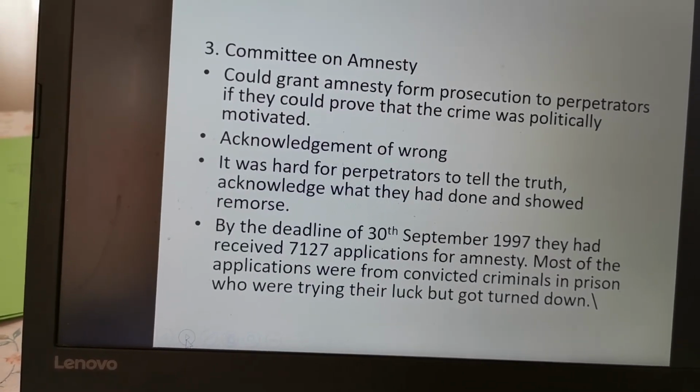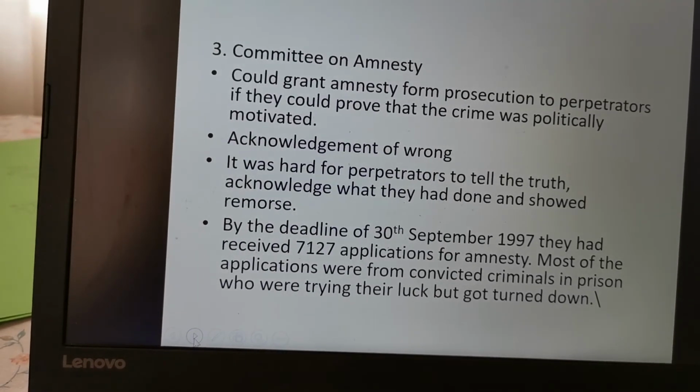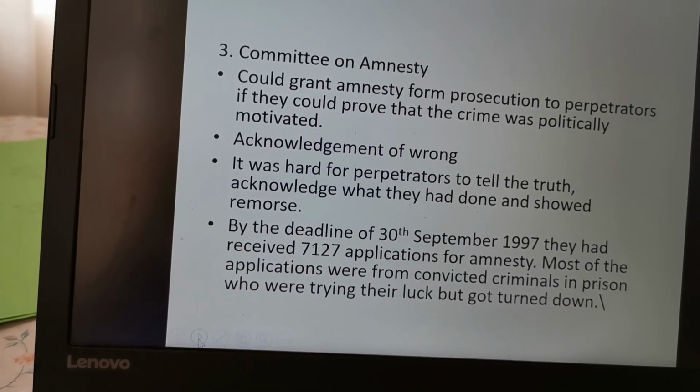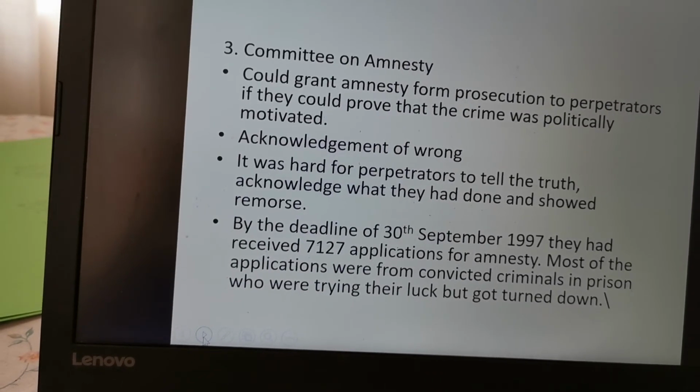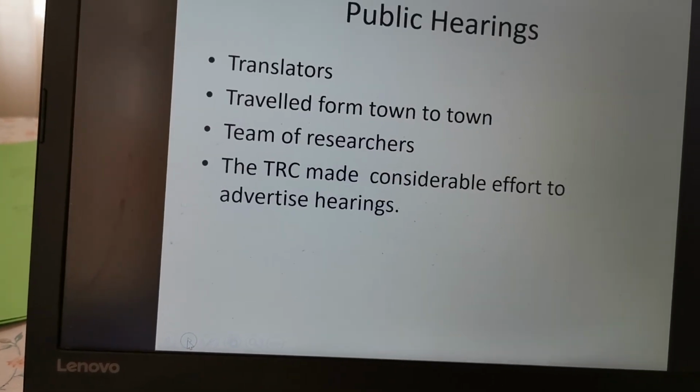And then there was a committee on amnesty, and it was their job to determine should a perpetrator be granted amnesty or not. So they received over 7,000 applications, but many of them were from convicted criminals in prison who were merely trying their luck, and they got turned down.